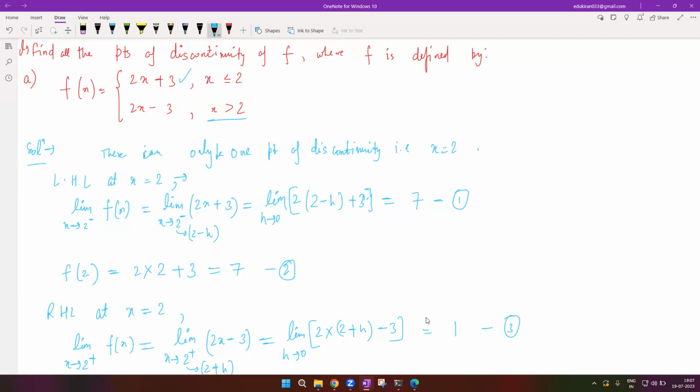Before that, we need to understand what the expression for f(x) will be in all three cases, LHL, RHL, and f(2). Because the function is piecewise, you will have to understand which expression needs to be used in which case. And after using that expression correctly, there won't be much to do.